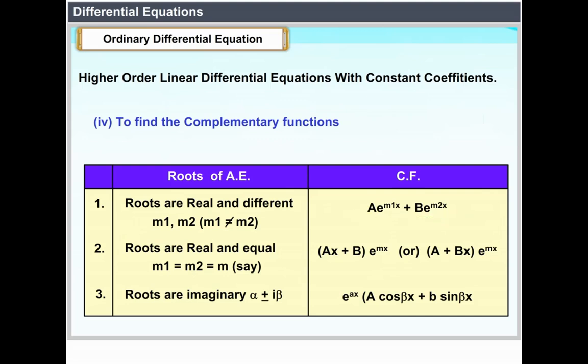Number 2: roots are real and equal, m1 = m2 = m, say. Then the complementary function is (ax + b) e^(mx), or (a + bx) e^(mx). Serial number 3: the roots are imaginary, alpha plus or minus i beta. Then the complementary function is e^(alpha x) (a cos beta x + b sin beta x).